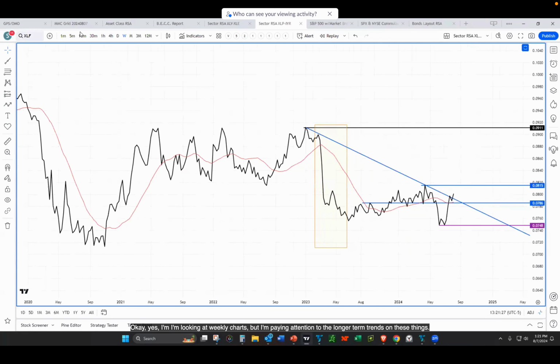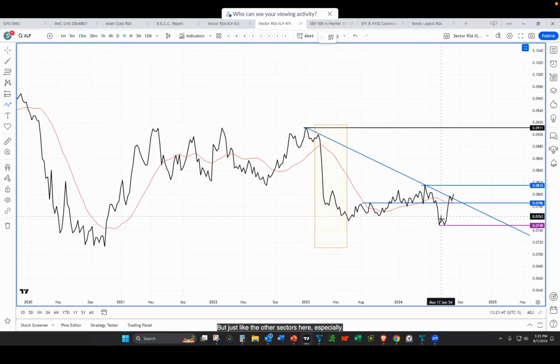Okay, yes, I'm looking at weekly charts, but I'm paying attention to the longer term trends on these things. So taking a look at the relative strength here for financials, the major swing high that I'm paying attention to here is 0.0815. Getting a close above that would tell me that we have terminated this.